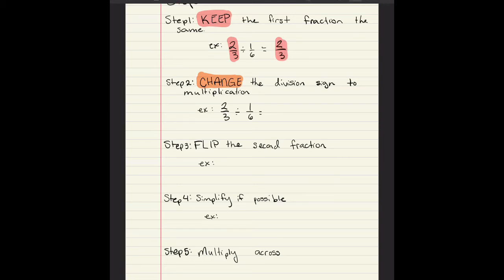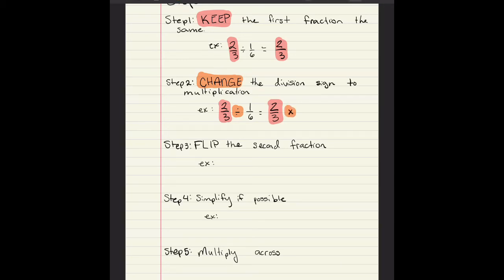And then step 2, I'm going to rewrite this real quick. So 2/3 is keep the same, here and here. Now for orange, we're changing the division symbol here, and we're changing it to multiplication over here.